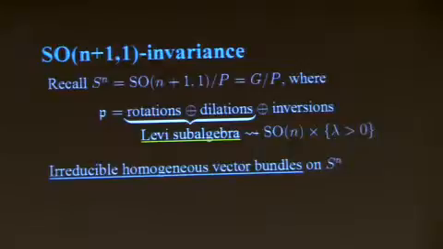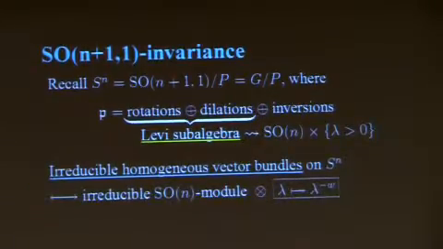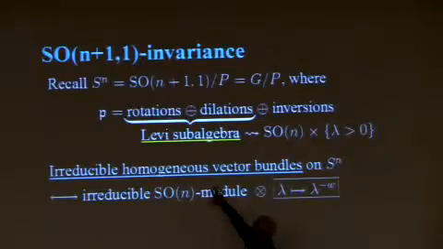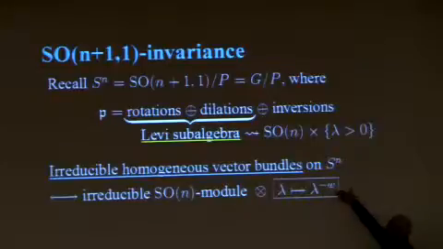But to be irreducible, it's actually entirely carried by the representation on this subgroup. And so the irreducible ones are in one-to-one correspondence with the irreducible SON modules. That's just a fancy way of saying a vector space on which this group is acting irreducibly, together with how the scalars are acting.